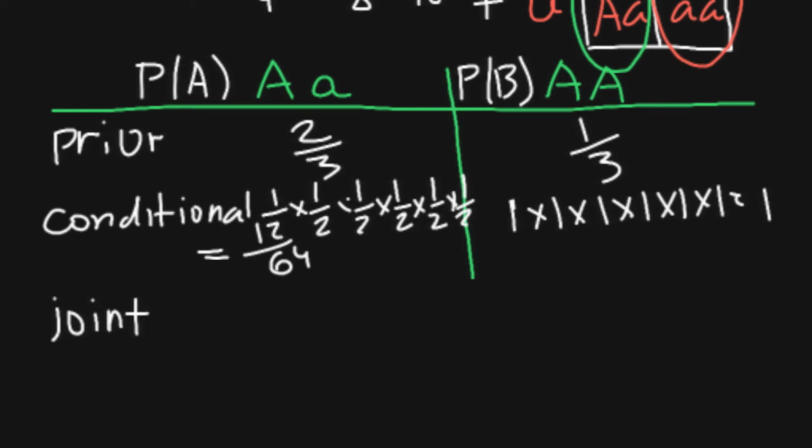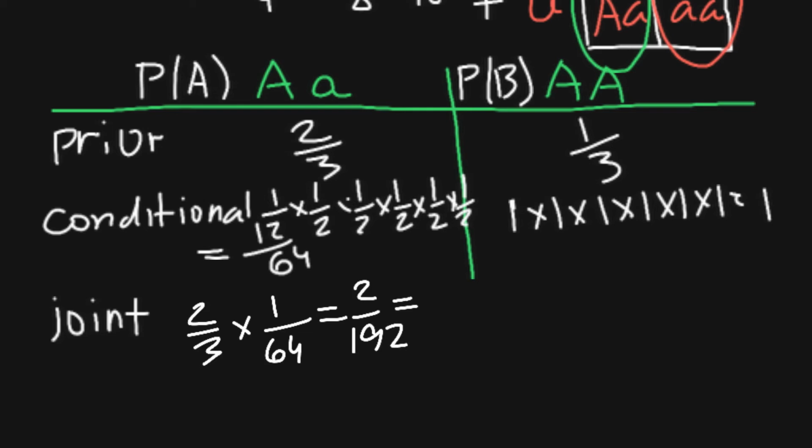And in this case, if we consider that parent would be heterozygous, our joint probability would be 2/3 multiplied by 1 over 64. And this is going to be 2 over 192, and we can simplify it to 1 over 96.